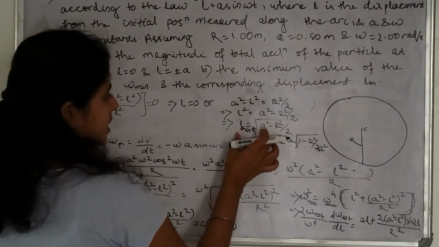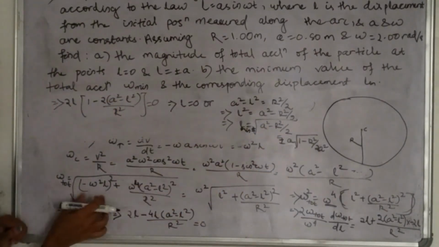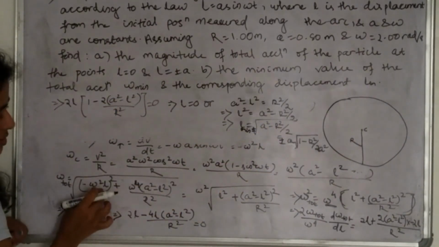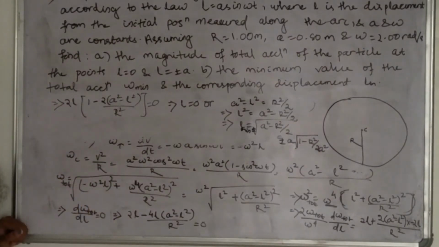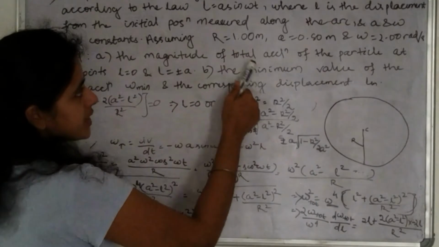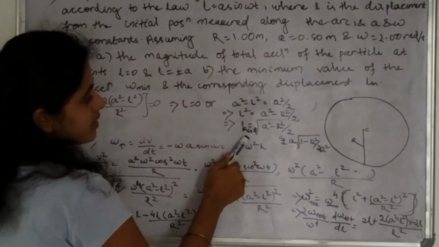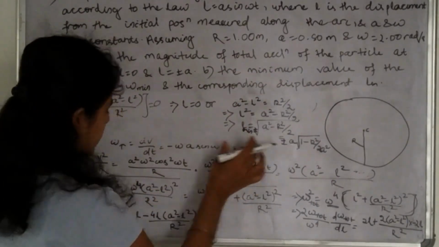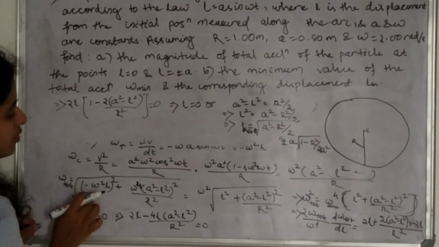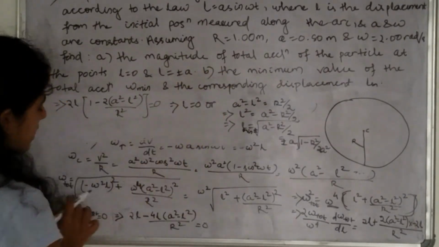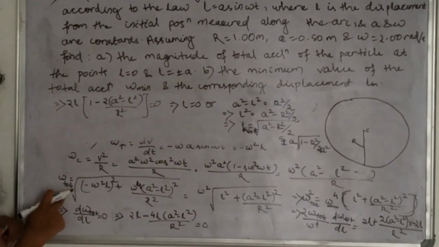By putting this minimum value of displacement in this equation in the position of L, you can get the minimum value of total acceleration. Okay? And by putting the value of R and A, you can get the value of L minimum, and in this equation you can put the value of omega, R and A. You can get the total acceleration value.